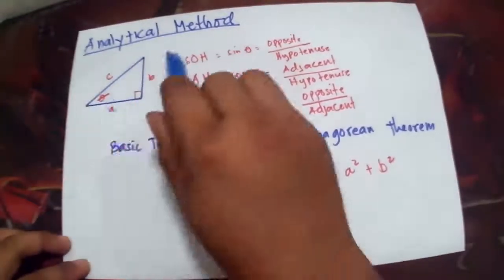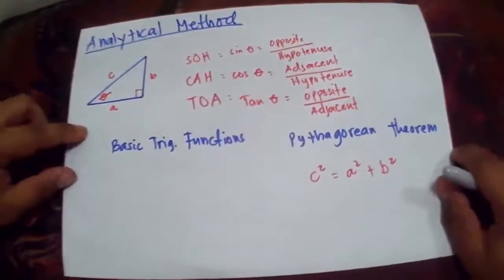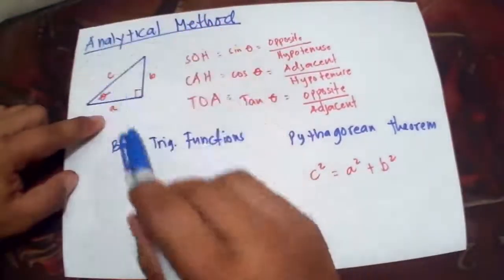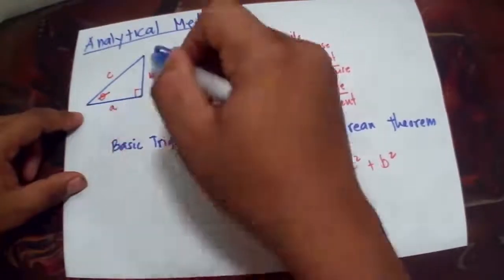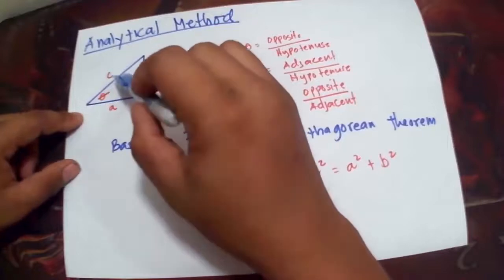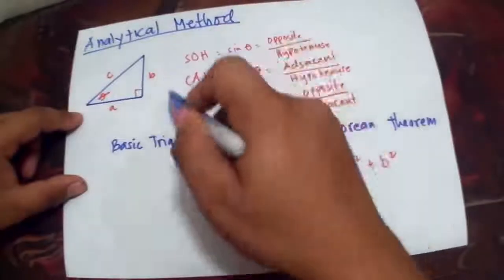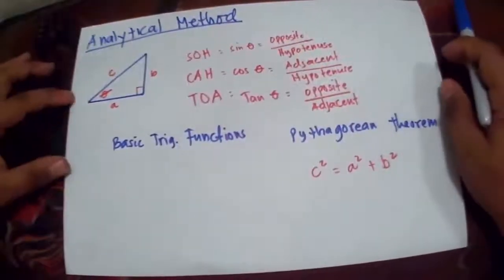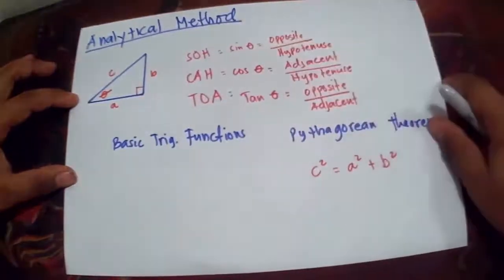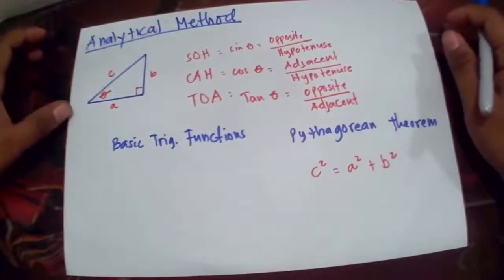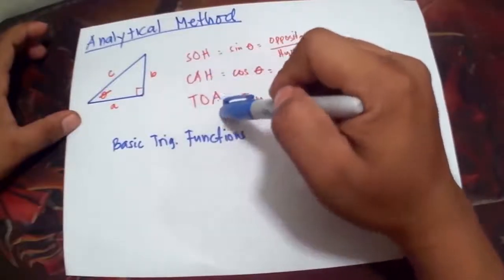For example, we have here a right triangle, and we label the sides: this side is side A, this one is side B, and this one is side C, and we have an angle theta. Just recall this when dealing with basic trigonometric functions, because it will help you a lot in the analytical method. We have the expression SOH, CAH, and the last one is TOA.